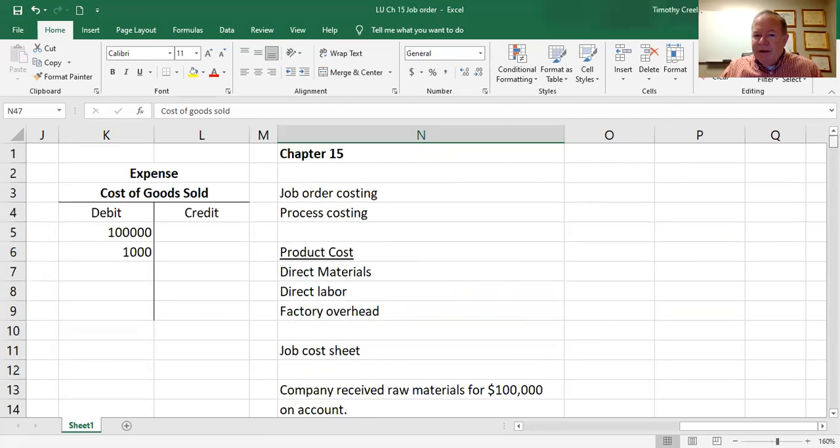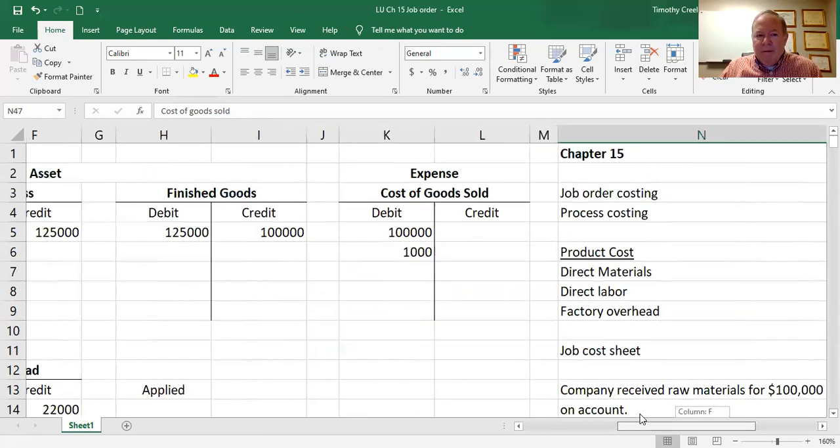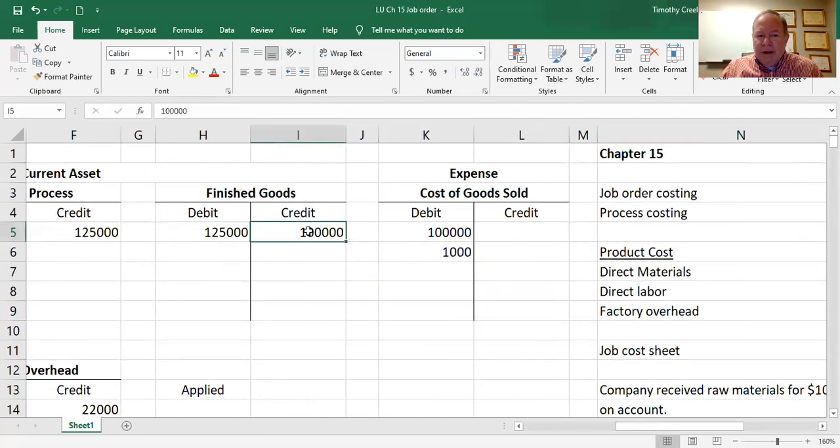So notice again, looking at the T accounts up here, that once an item is sold, it's going to leave finished goods. It's leaving our inventory because we no longer own it. We have sold it. And it's going to move to cost of goods sold, which is an expense on the income statement. Remember, cost of goods sold represents an expense for the product cost that we produced.